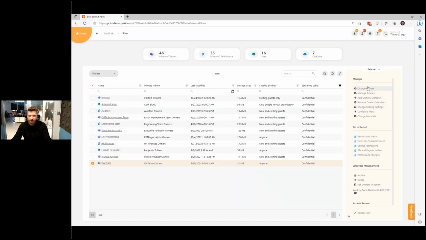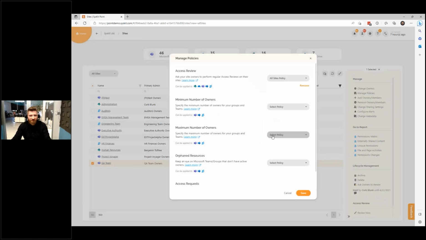But I can also assign different policies, for instance, access review, that will allow me to prompt my content owners to review their own data and keep everything nice and tidy without potentially oversharing things.